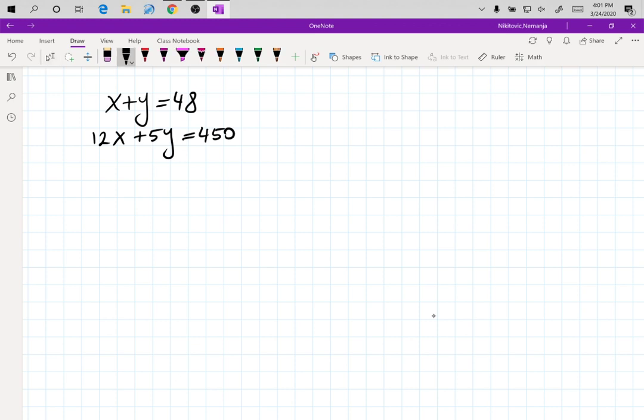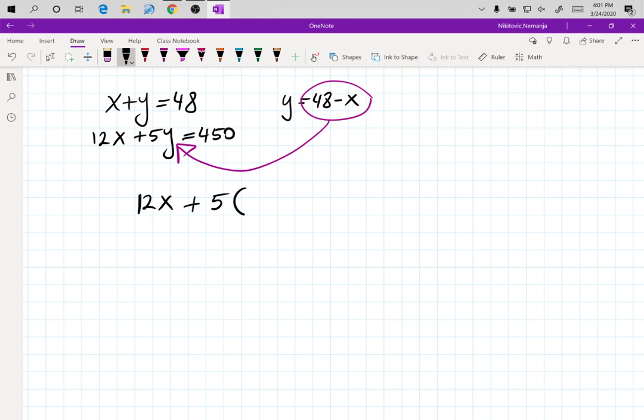Because we can quickly solve for either x or y. Let's solve for y. y equals 48 minus x. Take that, plug in for y, get 12x plus 5 times, now we have 48 minus x over here, equals 450.